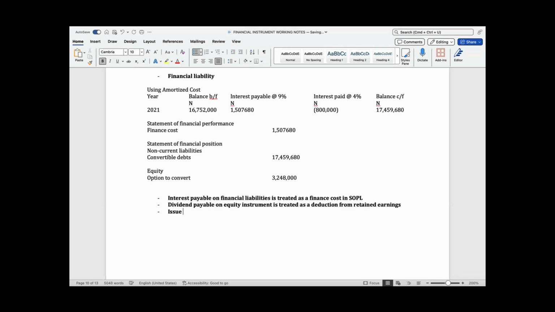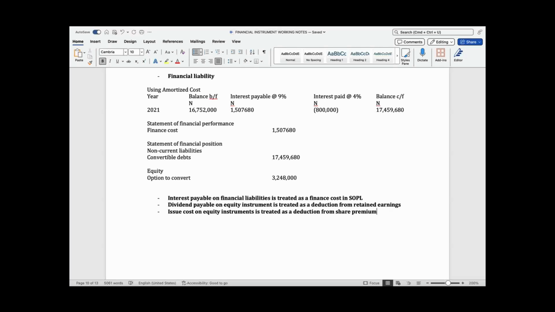Also, the issue costs on equity instruments is treated as a deduction from share premium. I already taught you issue costs on financial assets.